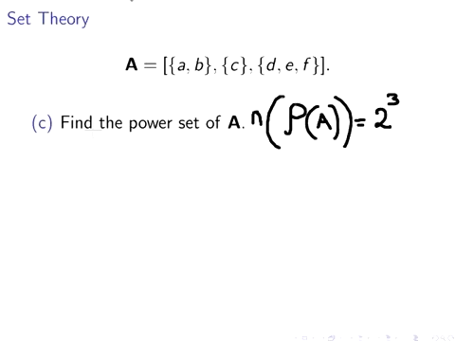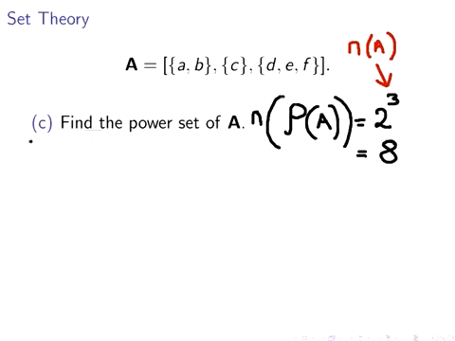Just to be clear, the 3 is the cardinality of A. That's where it comes from. This is the definition of the cardinality of power sets: it is 2 to the power of the cardinality of the underlying set. So there are going to be 8 elements in this power set.